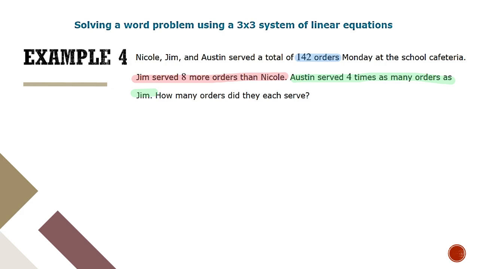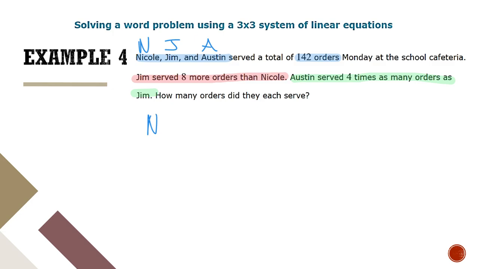So we're going to be writing down equations. I'm going to label and define: let's use N for Nicole, J for Jim, and A for Austin. You could use X, Y, and Z, but I like to use what's in there.